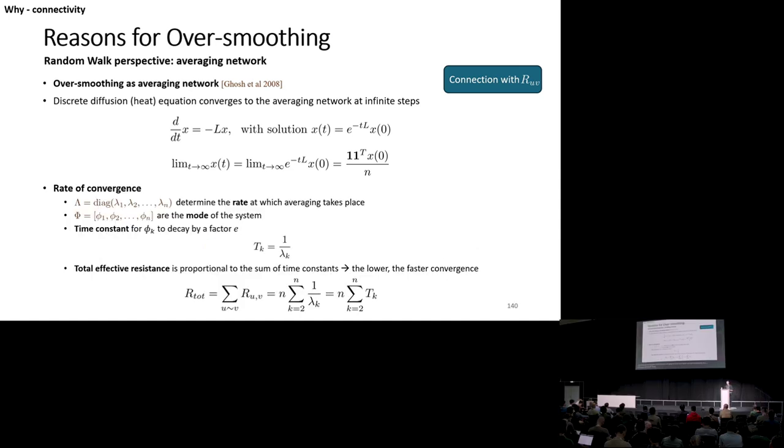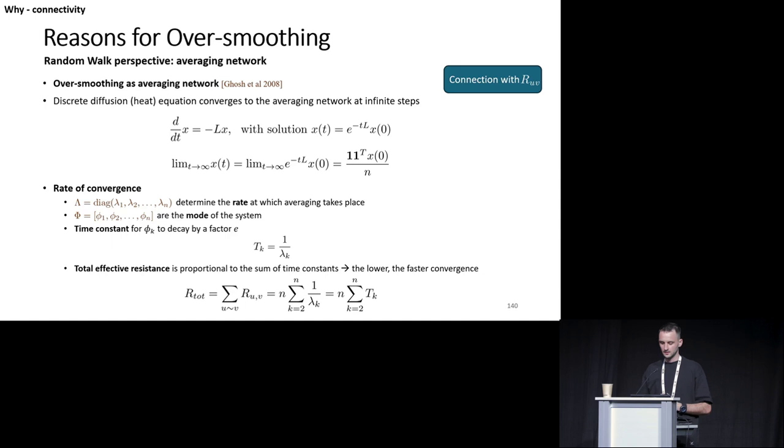The rate of convergence here, the eigenvalues determine the rate of the convergence, so the speed of the convergence of this signal to the average signal. And the connection with effective resistance is that there are time constants that will tell us how fast you converge to the average distribution.